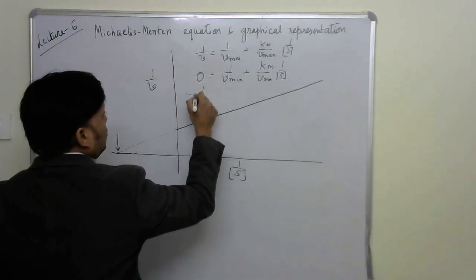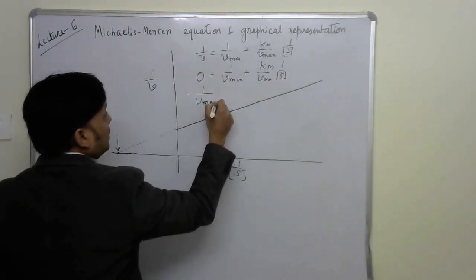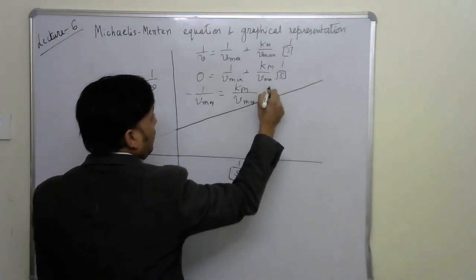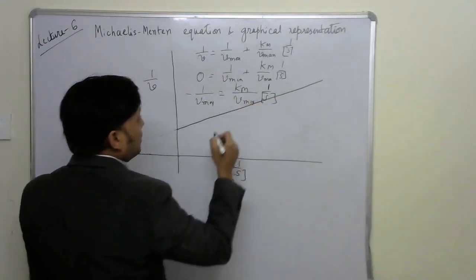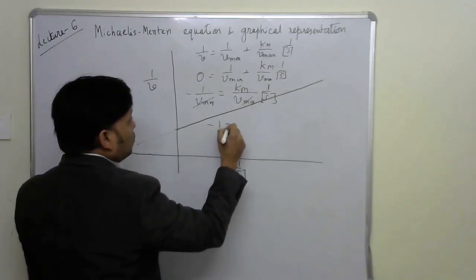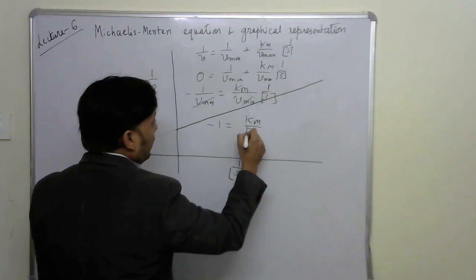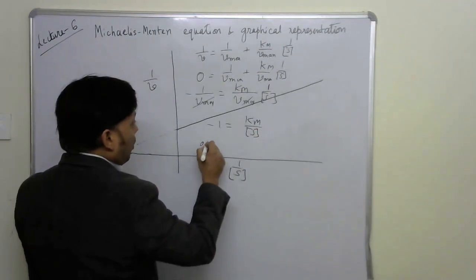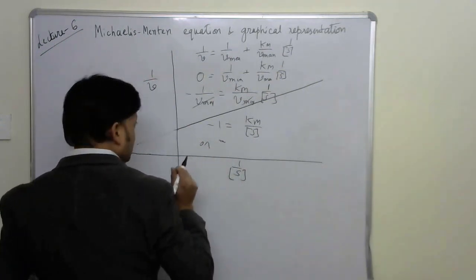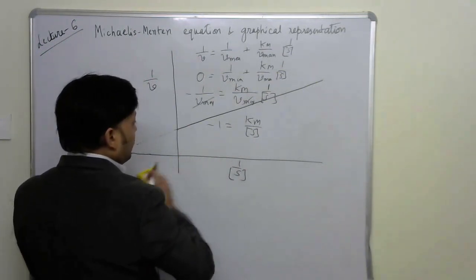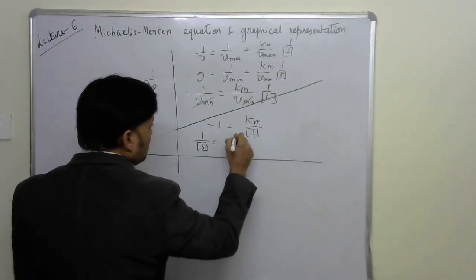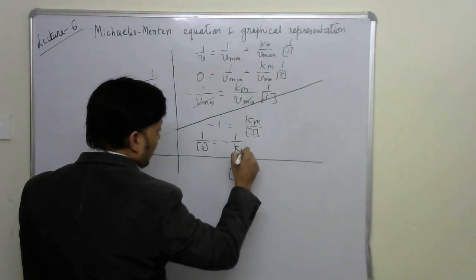Minus 1 over Vmax is equal to Km divided by Vmax multiplied by 1 over S. So Vmax and Vmax cancel out, so we have minus 1 is equal to Km divided by S, or we have 1 over S is equal to minus 1 over Km.